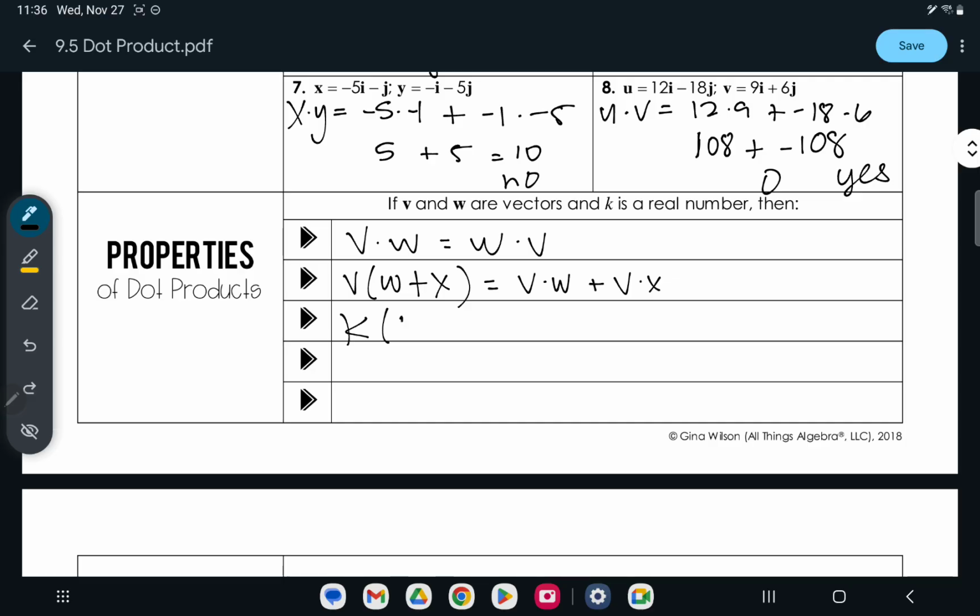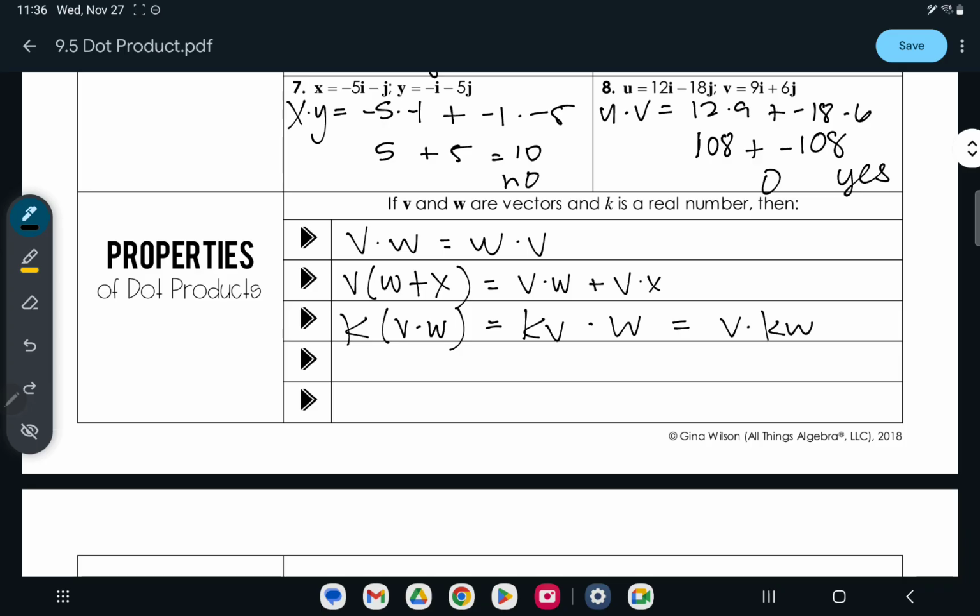Same thing if we had a scalar multiple on the outside, I can distribute that to either one. So I could say, hey, K times V times W, or I could say V times KW.